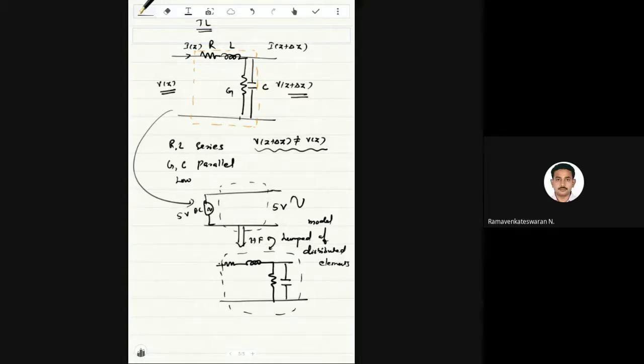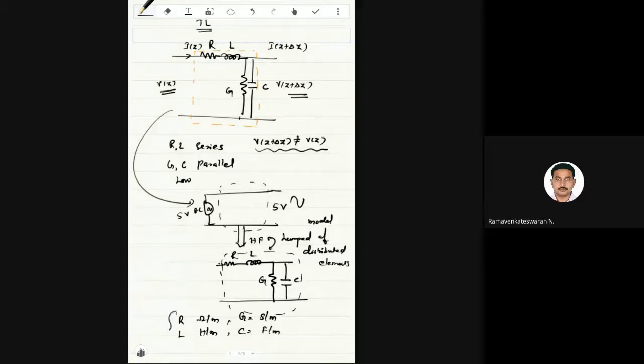So here RLGC is of prime importance for the high frequency model of a transmission line. RL is in series and GC is in parallel. You usually tell R with respect to del Z, ohms per meter, L is Henry per meter, G is Siemens per meter, and C is Farad per meter.